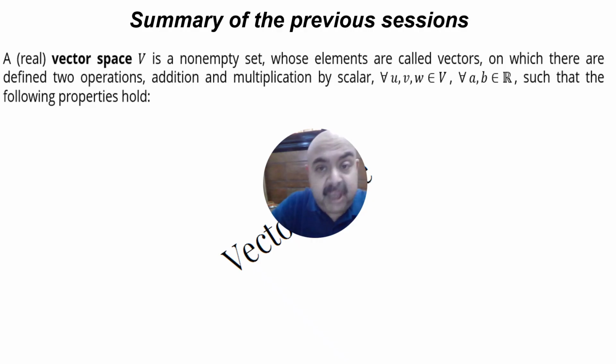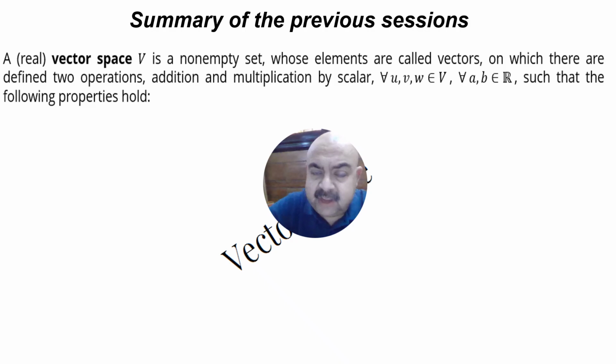We have just two operations that are closed in vector spaces. The first is the closure of addition, and the second is the closure of multiplication by scalar. We already went through how it is written previously.